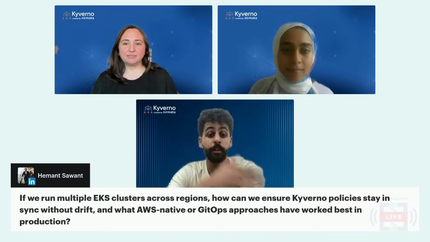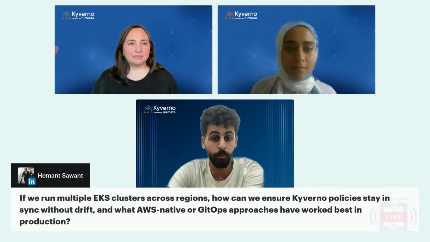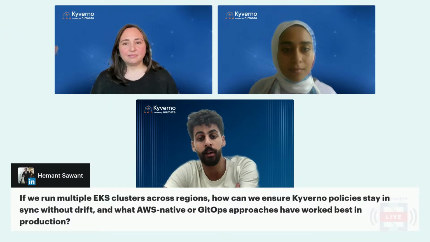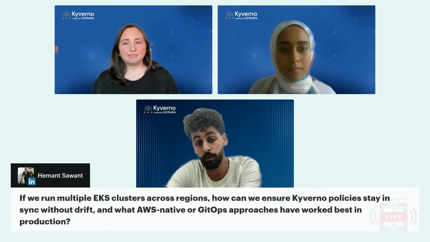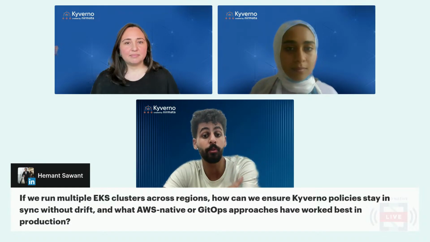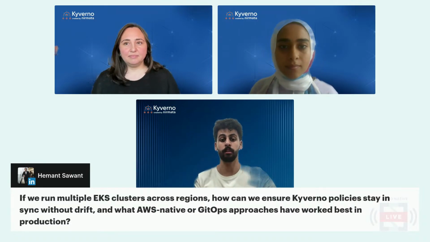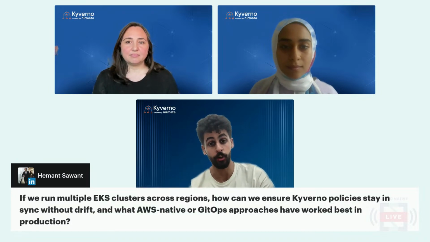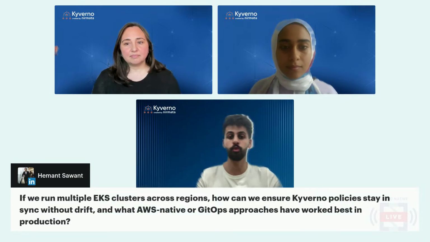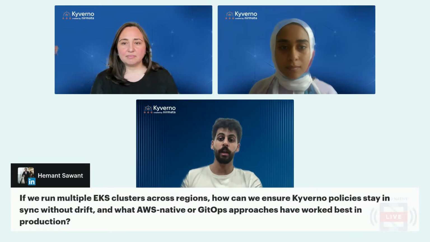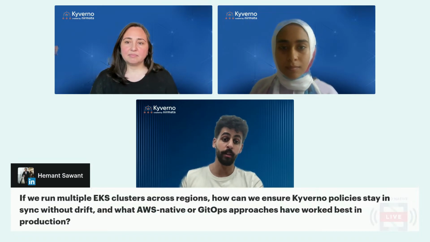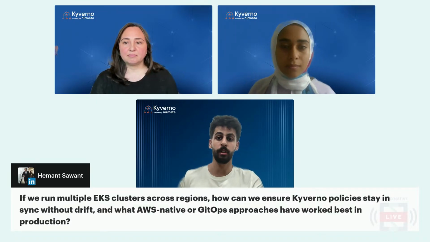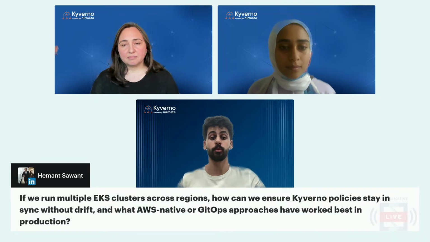Yeah, there are so many ways that you can tackle this problem. One of the ways is to package your policies as an Argo CD application. You can configure your policies as, for example, a Helm chart, and then configure Argo to deploy this Helm chart to ensure that it stays in congruence with what you have in your source control.